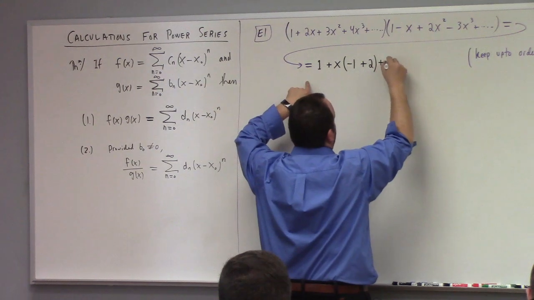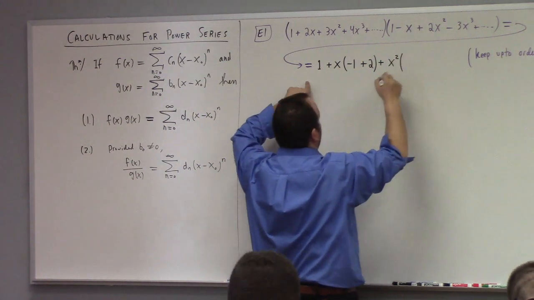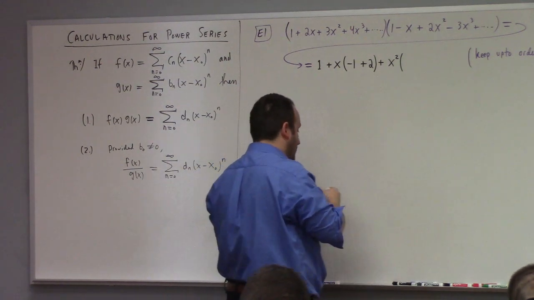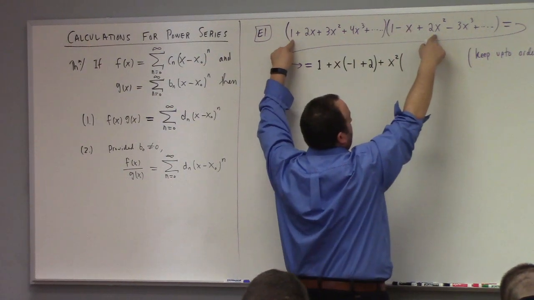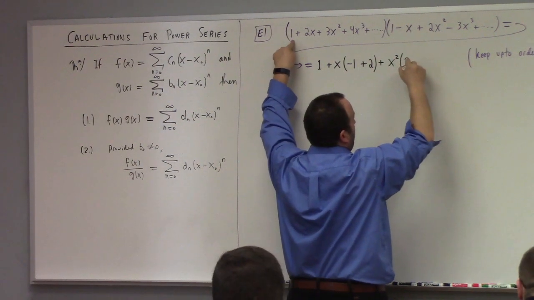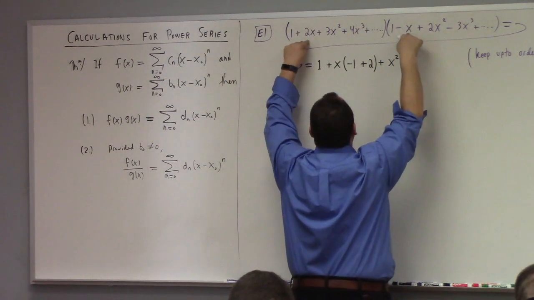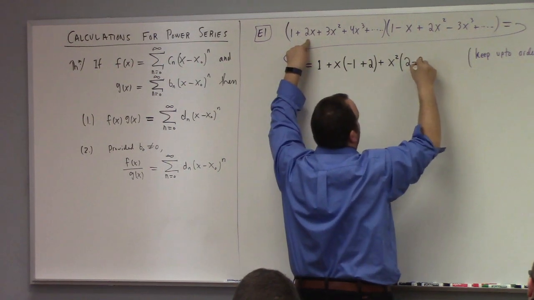I don't think so. So next up, x squared. We can do 1 times 2x squared, so I get a 2. Then I have 2x times minus x, that gives me a minus 2x squared.